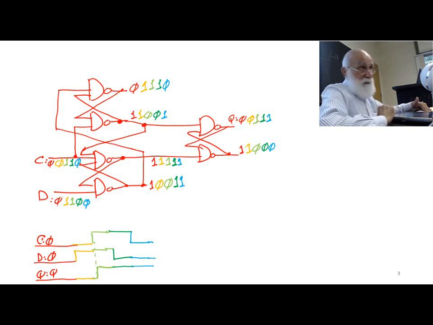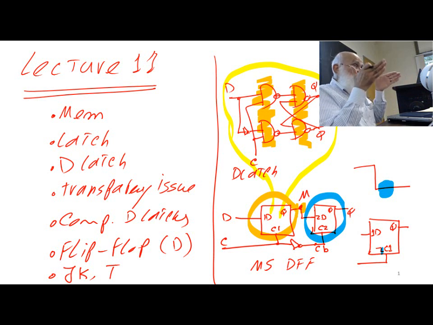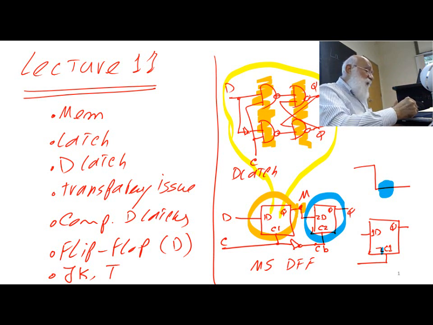What am I seeing here? Okay, if I had applied this signaling to my master slave flip-flop, this one over here, you would see that since D has changed in the middle of the clock, because I have a transparent gate, when D is 1, when C is 1, I have a transparent gate.